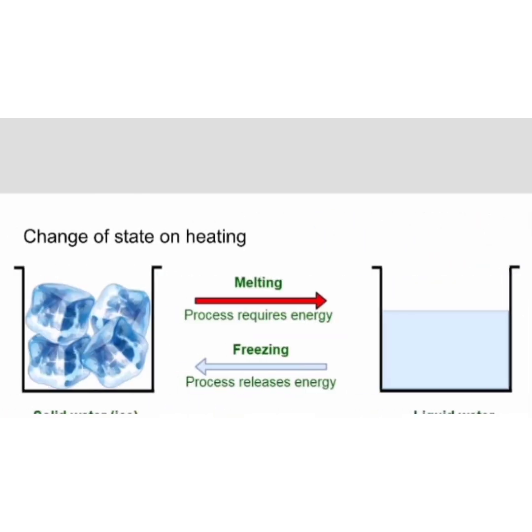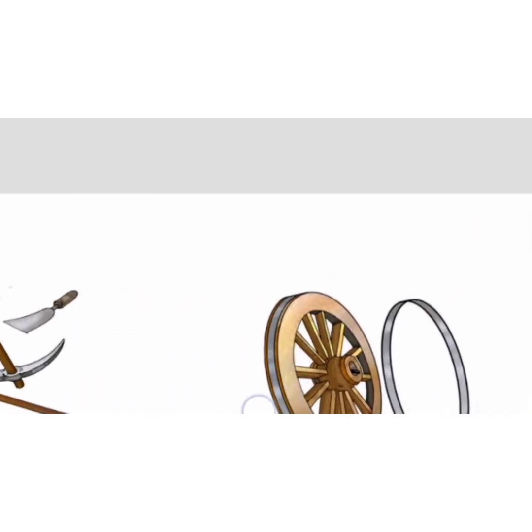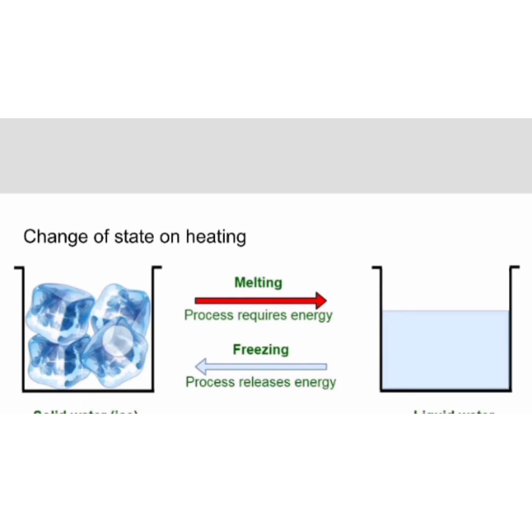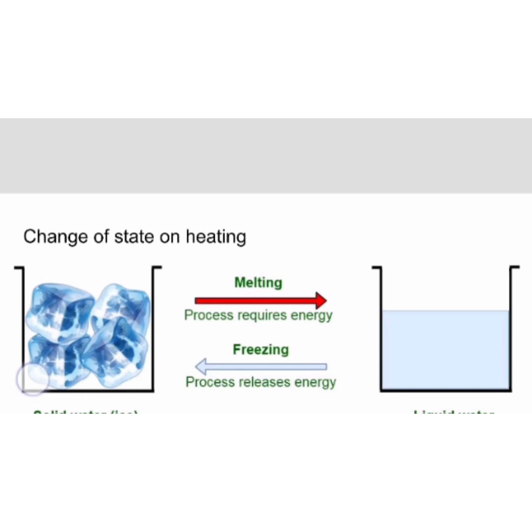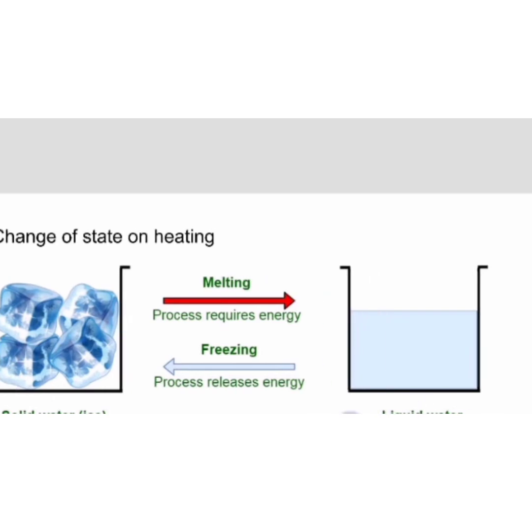Here also these two changes can be reversed. First it will expand, then contract into the same material, right? Here also the ice changes into liquid and the liquid changes into ice. Here also the change is reversed.